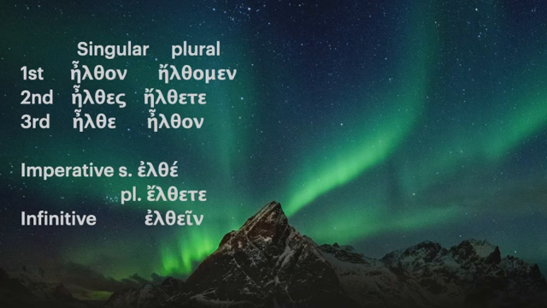We'd expect the accent to be over the first epsilon, but it's over the second. That's just kind of irregular accentuation, so we're not going to pay that any mind. The actual ending is what we would expect. And the augment that was over the elthon has gone. So instead of two epsilons making an eta, we only have the one epsilon. And the plural, elthete, is not too dissimilar.